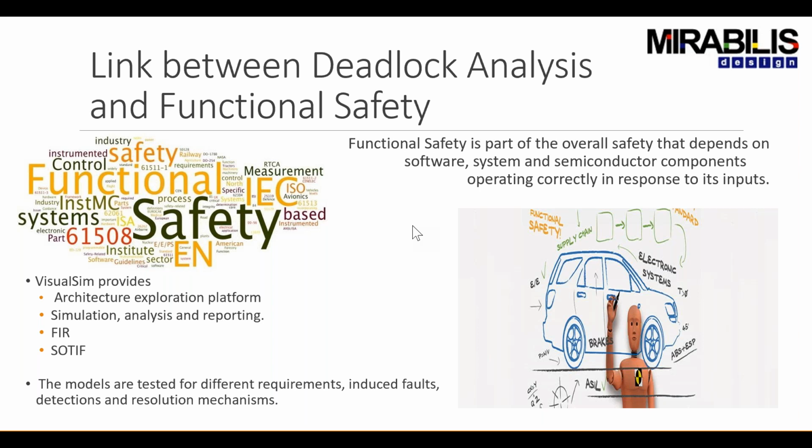You can test, as we just saw earlier, for different requirements: proximity sensor versus manual braking versus induced errors or faults, which was the road condition coming in as an incorrect value. And then see how the system reacts to those kinds of processes. So it walks you through the process adopted to not just detect the deadlock, but also resolve it.